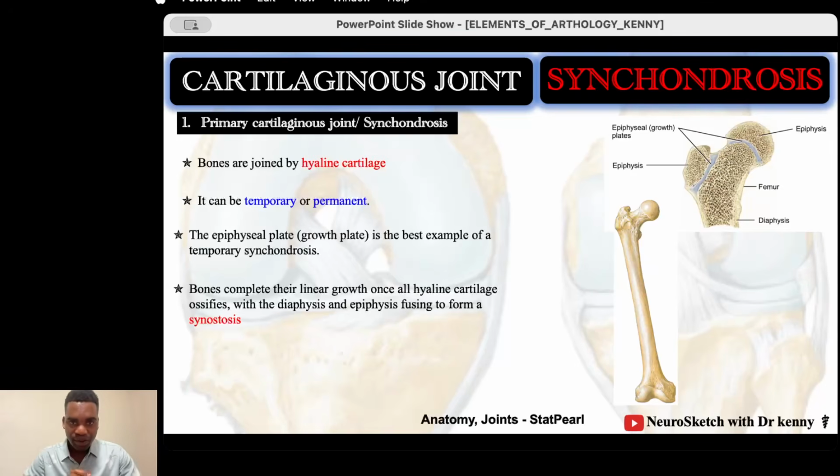The synchondrosis, the primary cartilaginous joint, can further be divided into temporary cartilaginous joint and permanent cartilaginous joint. Why temporary? It is temporary because this hyaline cartilage will later be replaced by bone.